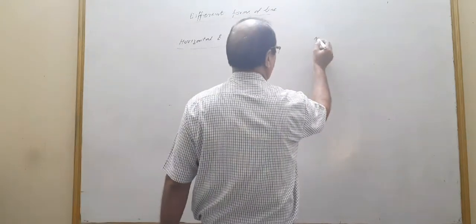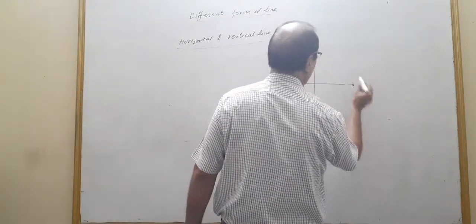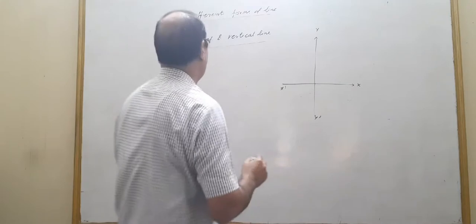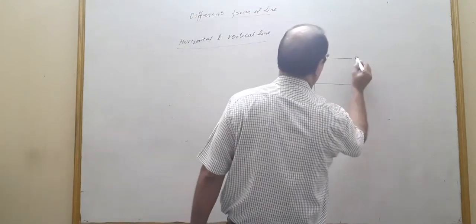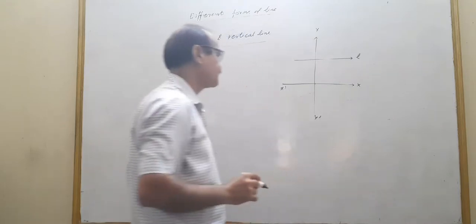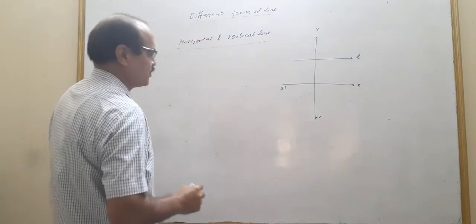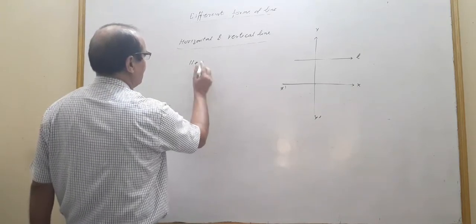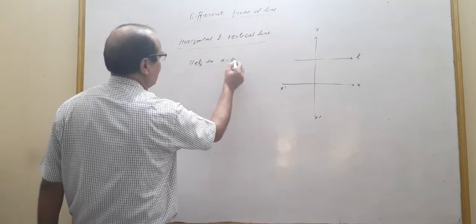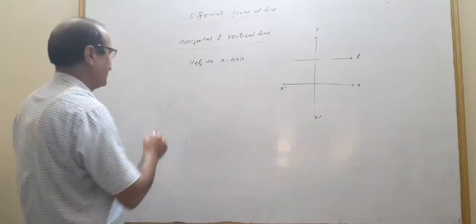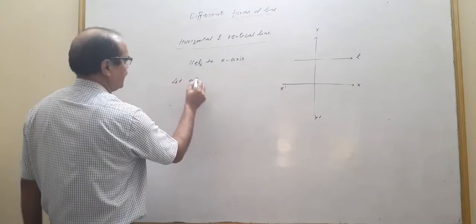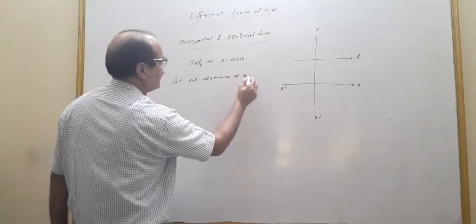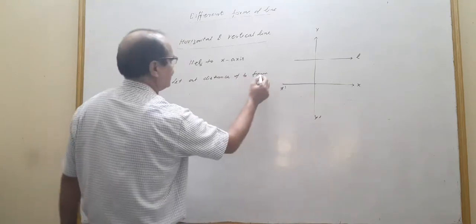Now this is our coordinate axis, x, y dash, x dash, this is origin. Now you see this is a horizontal line, that is line L. If I want to find the equation of the line, so this line is parallel to x-axis, and let this be at a distance of b from it.